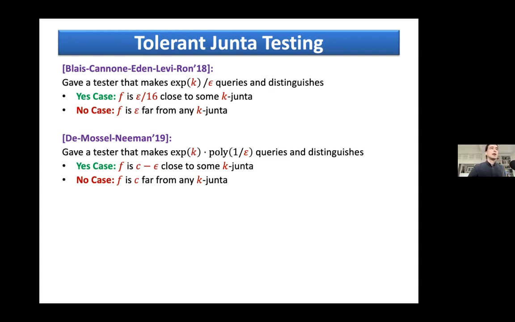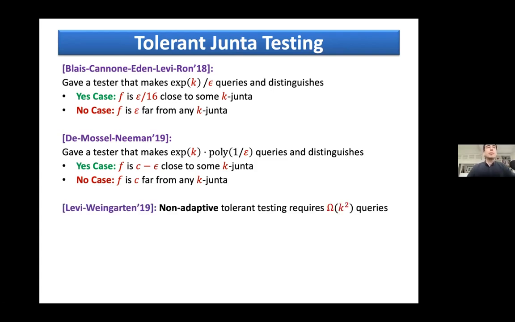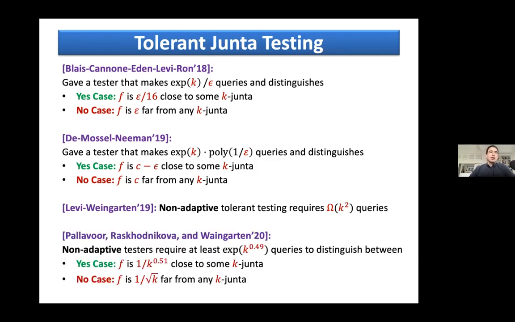On the other hand, let's talk about lower bounds. Levy and Weingarten showed that non-adaptive testing requires at least k-squared many queries. And PRW showed that, in fact, you need exponential in nearly square root k many queries if you want to distinguish between these two parameters.